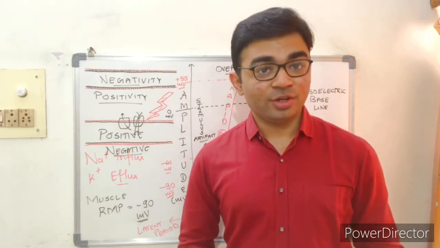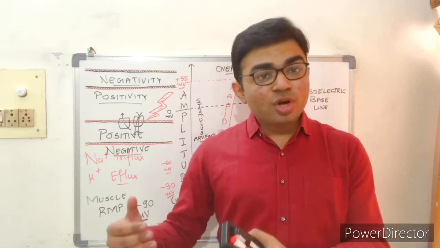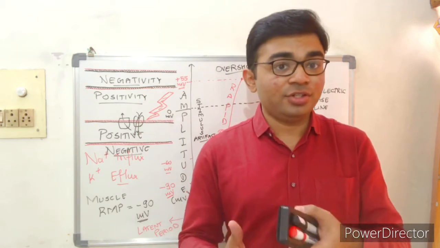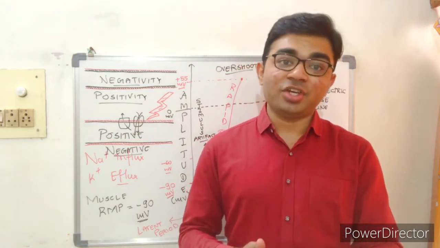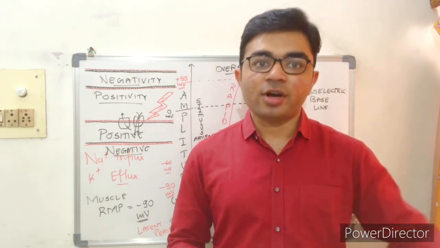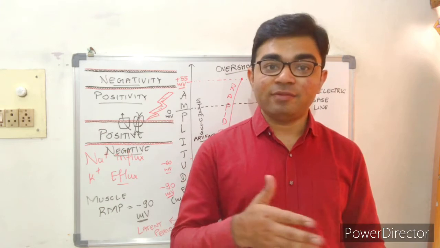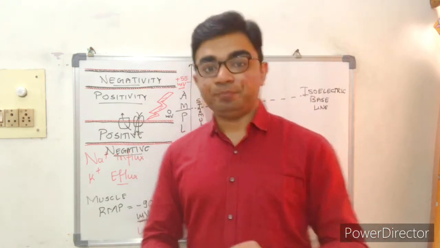Now initially when positivity was inside, the sodium ion channels were open and rapidly closed because depolarization is now over. But potassium ion channels, or I can say the leaky channels, will remain open for a further duration of time. So more and more potassium ions will start going outside of the cell membrane.